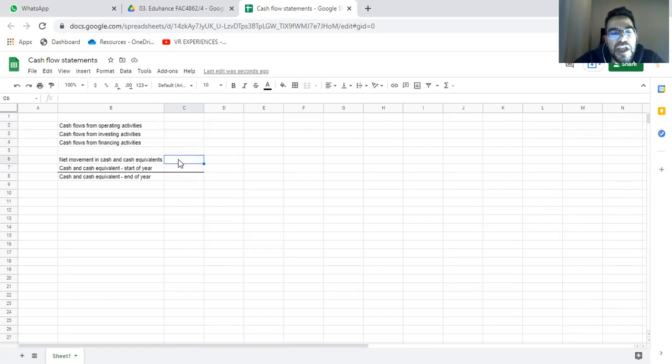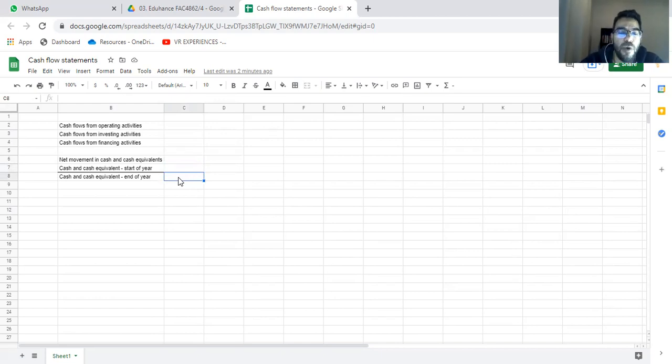Remember, we said that net movement plus opening cash and cash equivalents must equal closing balance. What you will do is slot in the opening balance, which is going to be given somehow, and slot in the closing balance, because it's going to be given somehow. So that plus that must equal the closing balance.